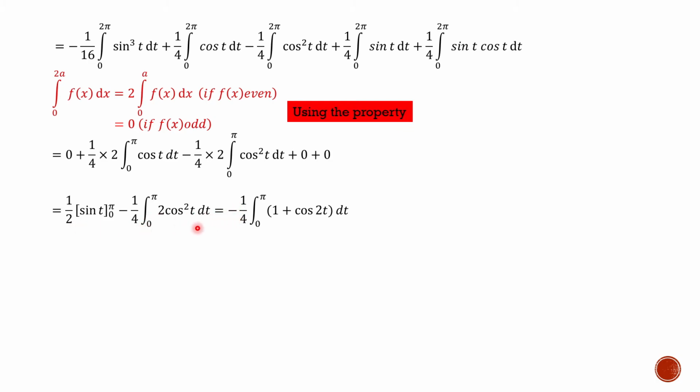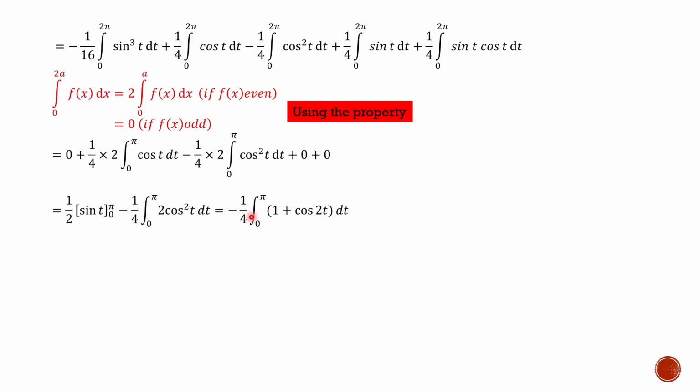Then for this part we put negative 1/4 integral from 0 to π, using the identity cos squared t equal to (1 + cos 2t)/2. So the 2s cancel off with the identity's denominator.